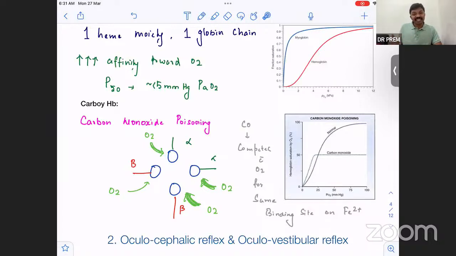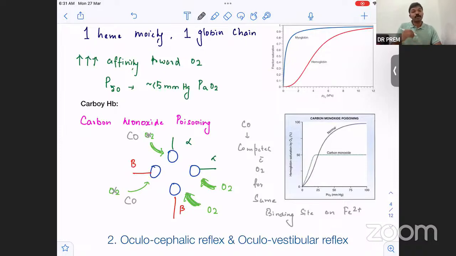Which oxygen is easy to get displaced? Obviously, the first oxygen. So what carbon monoxide does? Carbon monoxide replaces oxygen and it binds with ferrous atom at the exact same spot. Again, the second oxygen is easy to get displaced. Carbon monoxide replaces the second oxygen and combines with ferrous at the exact same spot.